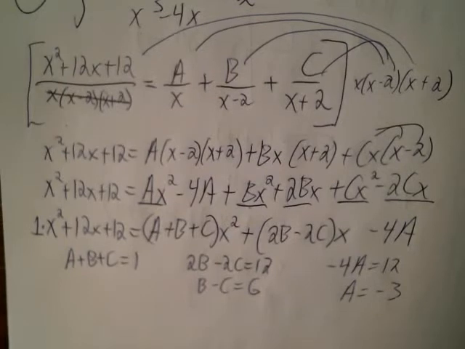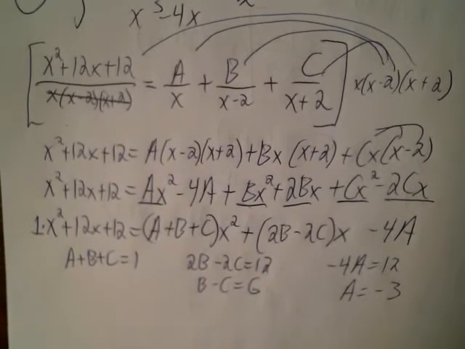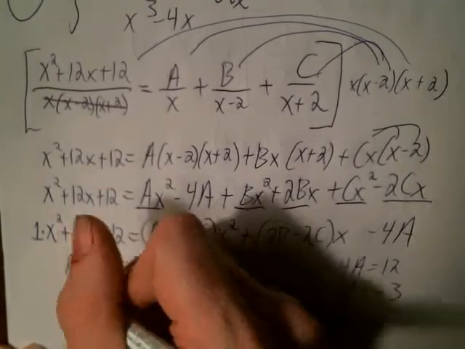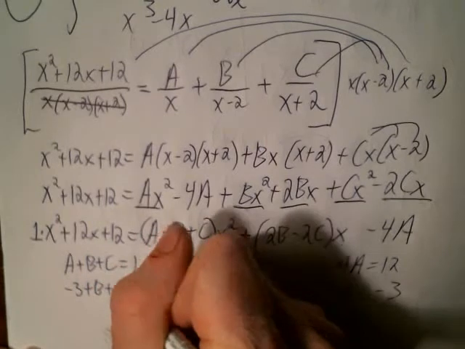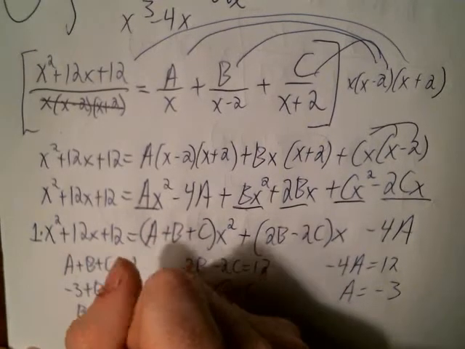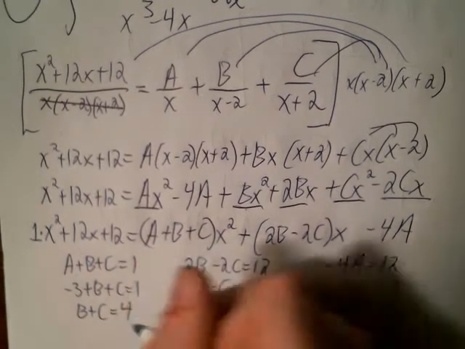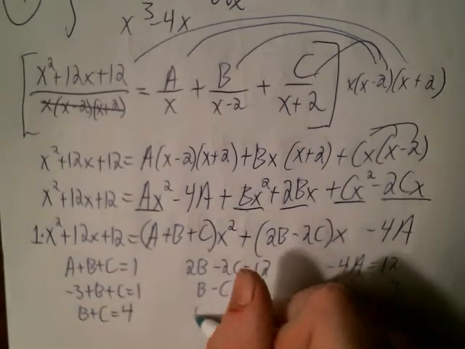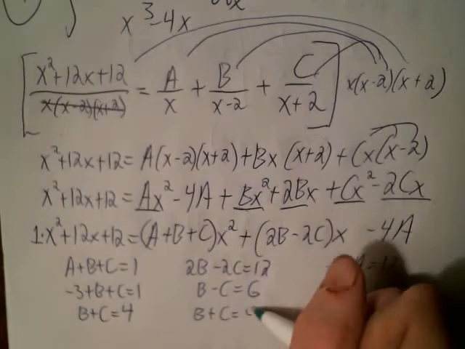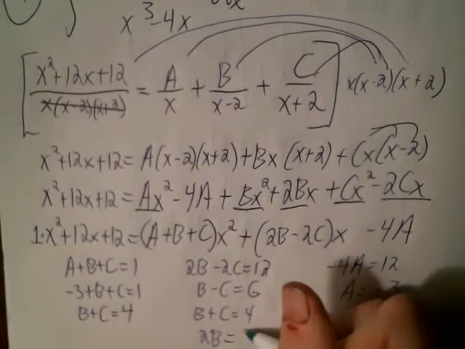Now we want to do substitutions and all that jazz. Letting A equal -3 in this equation gives me B plus C equaling 4. I can add this equation to this equation, and I get 2B equals 10.